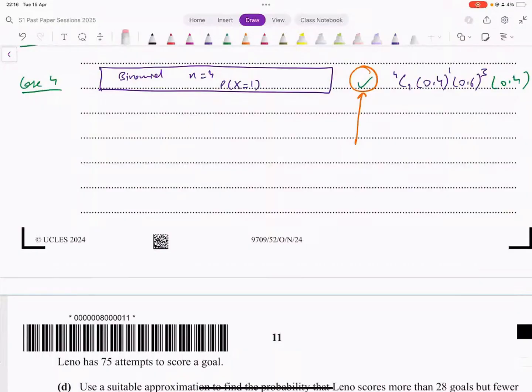Now, if that is the second success, there has to be one more success in the first 4 attempts. So out of the first 4 attempts, we want one success. So we're talking about the probability of a certain number of successes. We want one success out of the first 4. That's binomial. Probability of having a certain number of successes, that's binomial distribution, right?